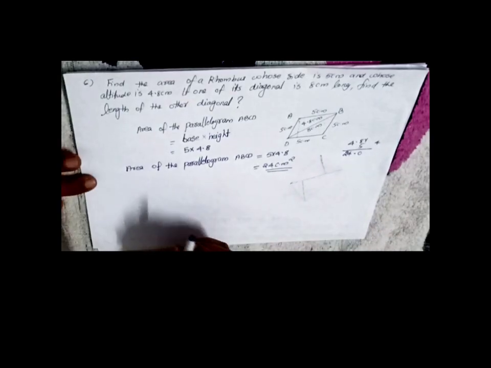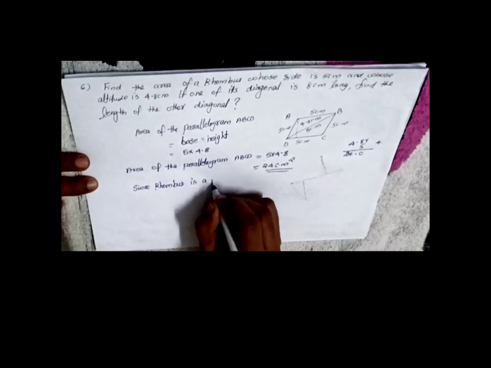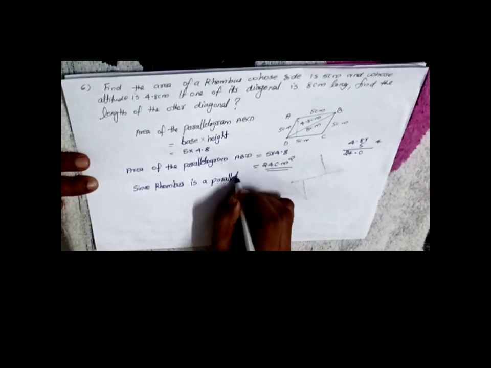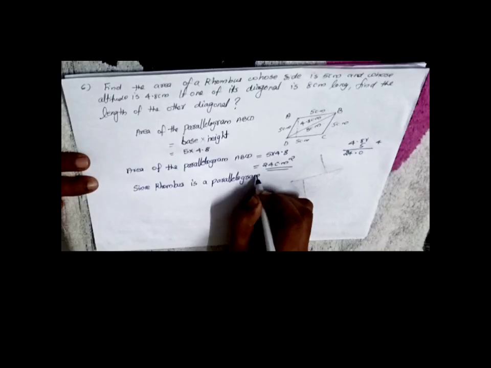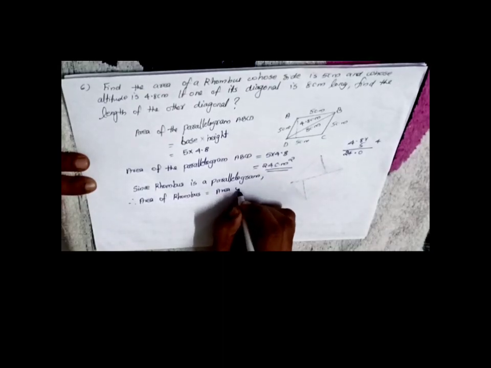Since rhombus is a parallelogram, therefore the area of the rhombus is also equal to the area of the parallelogram.